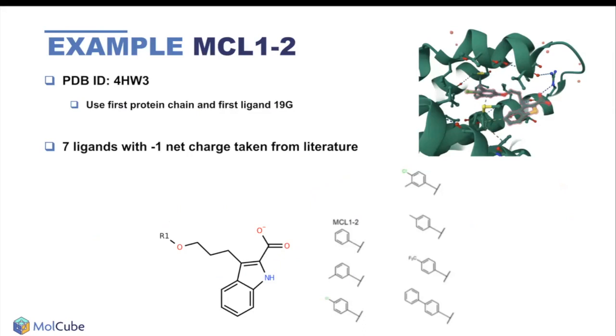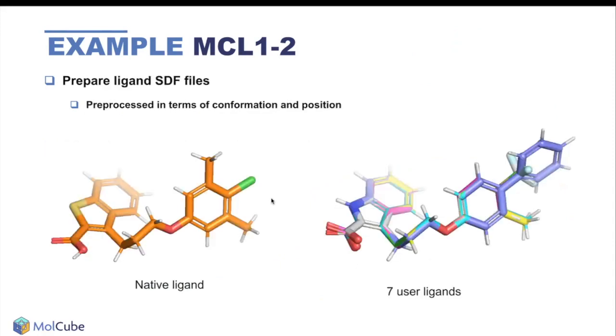To set up the AToM calculation system, we use the first protein chain and the first ligand 19G as the native ligand. We use 7 ligands taken from literature, and all of them take -1 net charge. The SDF files of these 7 ligands have been pre-processed so that they have the same conformation and position as the native ligand.